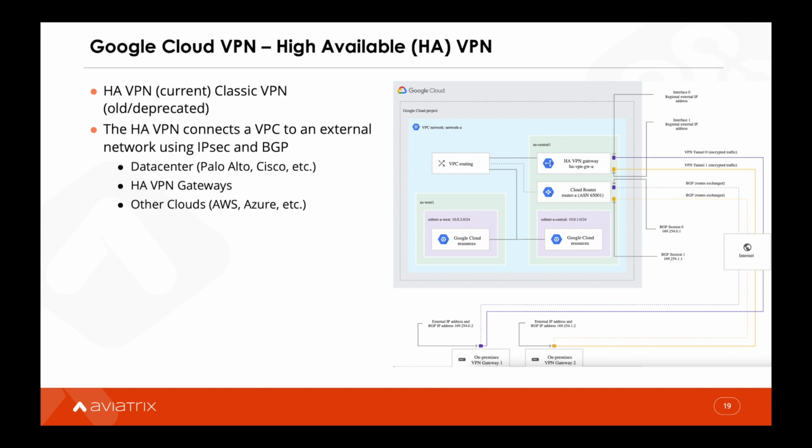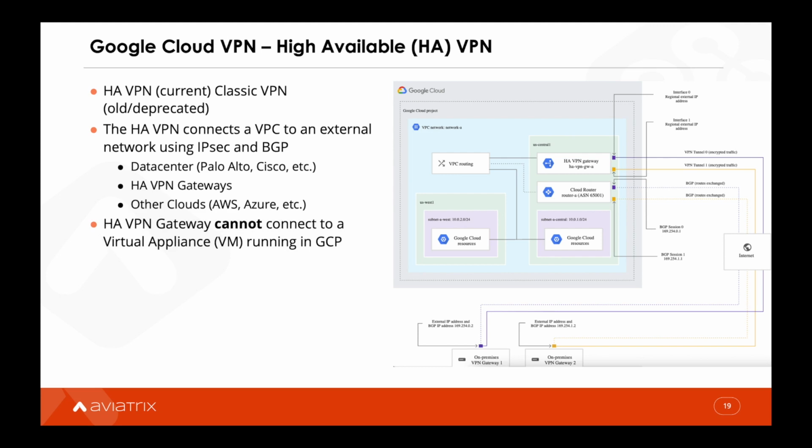These remote devices or routers could be sitting in a data center or a colo location, or you can also build this IPsec connection back to another HA VPN gateway or to other clouds. For example, in AWS, they have VGW, which is their VPN service. You can also build tunnels back to those clouds as well.